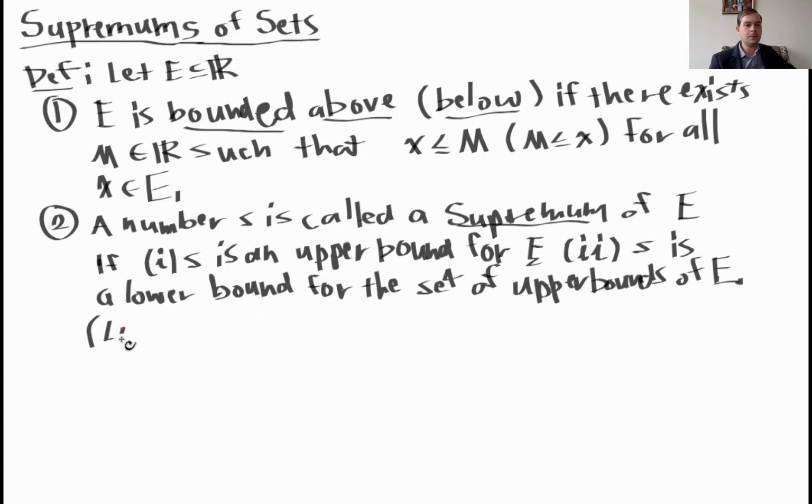So sometimes we call it least upper bound due to these two properties. So it's an upper bound, and it seems to be the smallest one. Later we'll show that, in fact, when the supremum exists, it has to be unique. There's only one possibility for it.